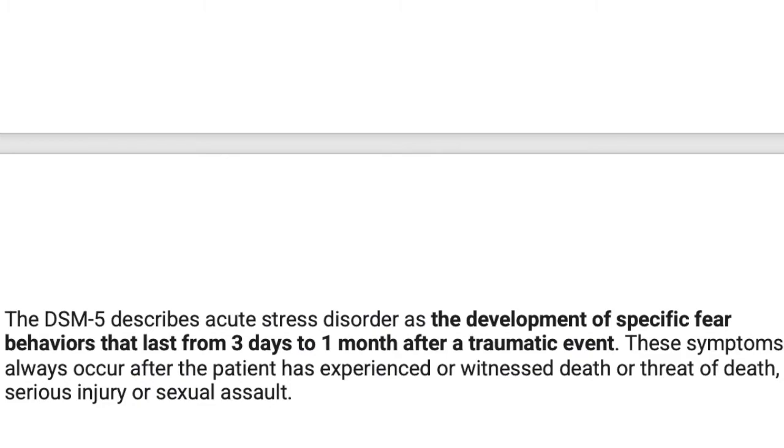The symptoms always occur after the patient has experienced or witnessed death or threat of death, serious injury, or sexual assault. So we may know the differences between PTSD and ASD in that it's mainly a timeline. With PTSD, that really comes into play after the 1 month, right? The ASD is really just up to that 1 month. Anything that's longer than that is no longer classified as ASD.